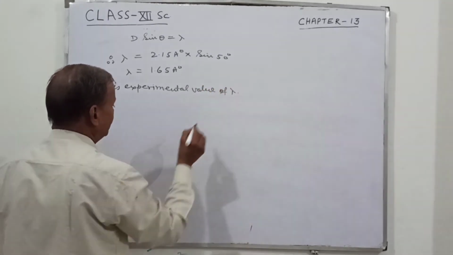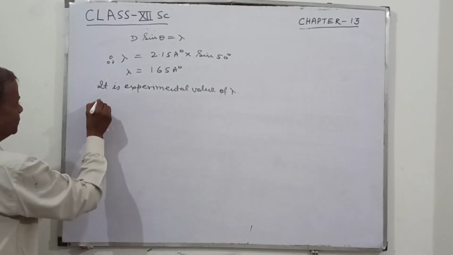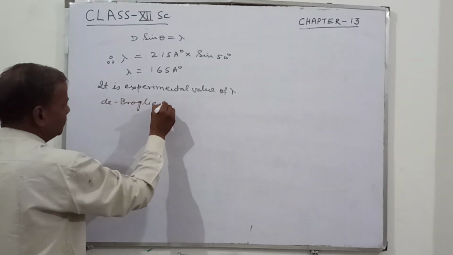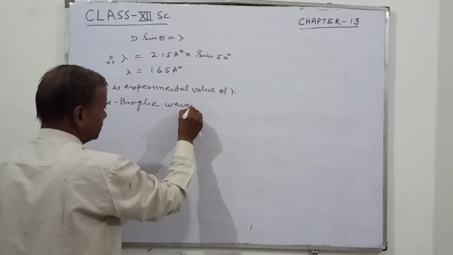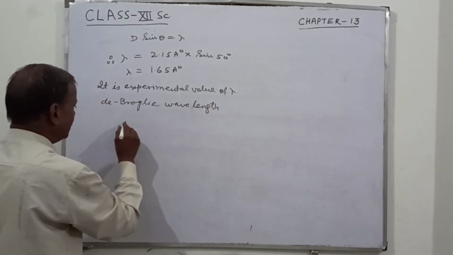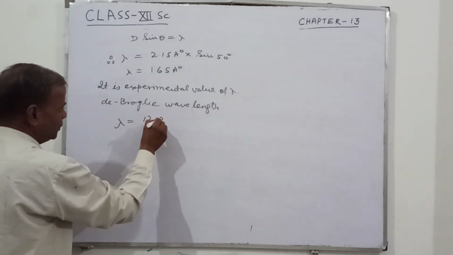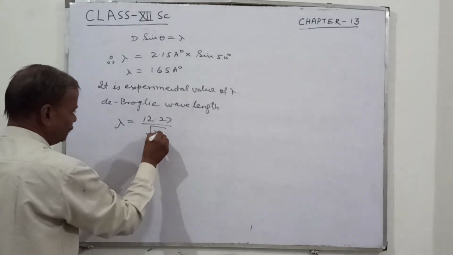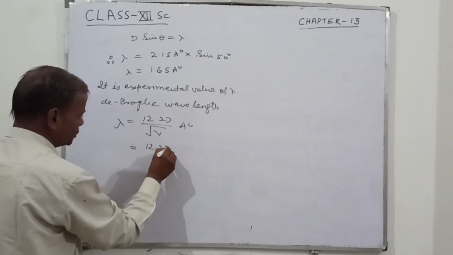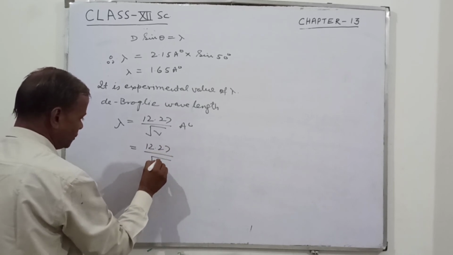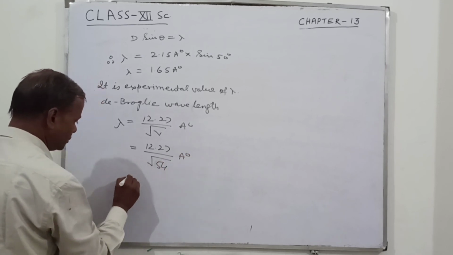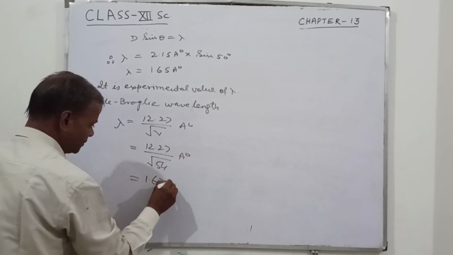Now the de Broglie wavelength, lambda equal to 12.27 upon square root of V angstrom. So now this is 12.27 upon square root of 54. It comes out to 1.67 angstrom.